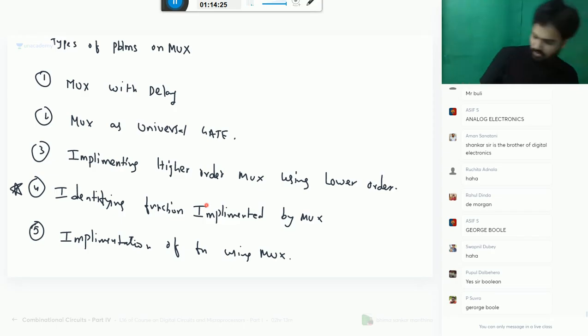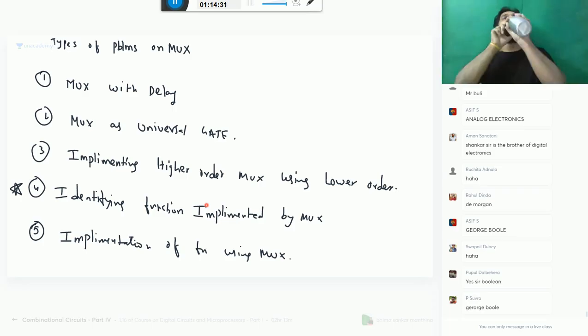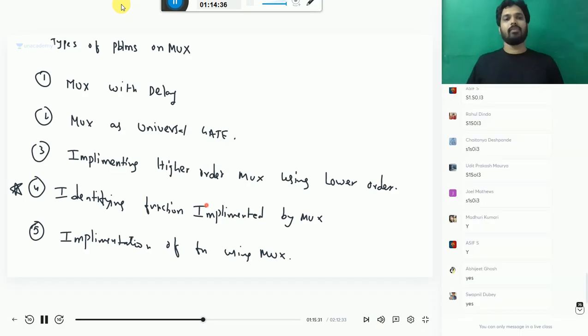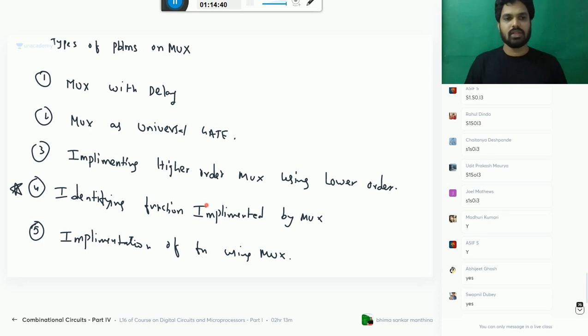So, 1 minute. Want to start? Shall I start with first model?